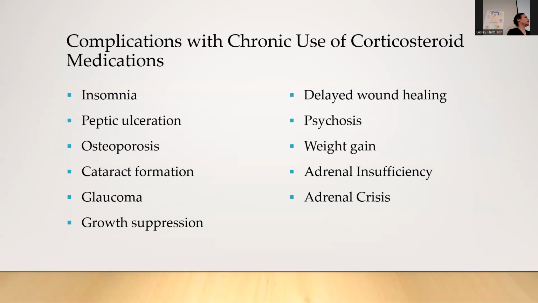Adrenal crisis is a problem if somebody's constantly on a corticosteroid: the body sort of stops producing a lot of cortisol because it thinks, oh, I don't need to, because of the corticosteroid they're always on.